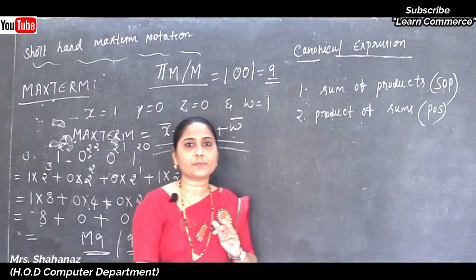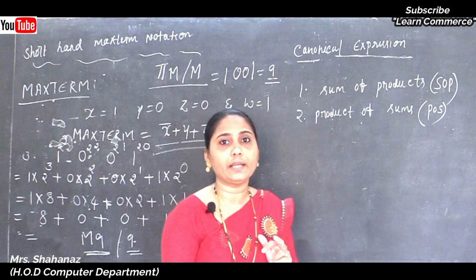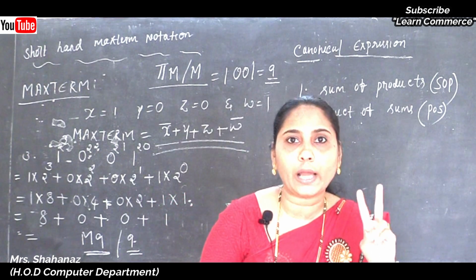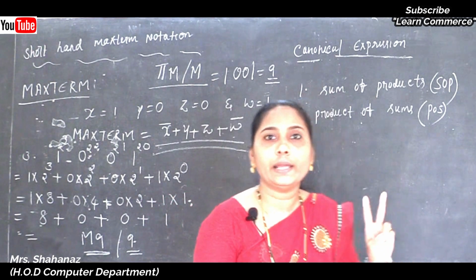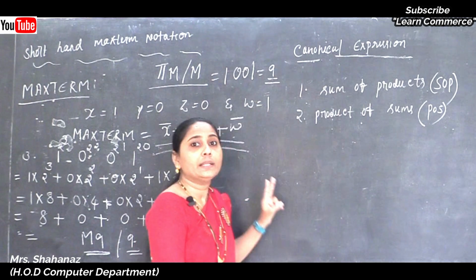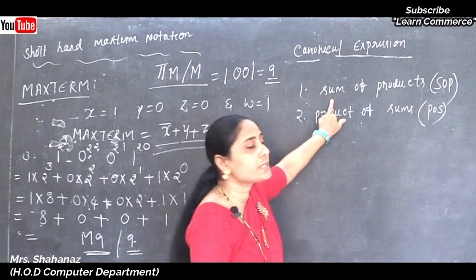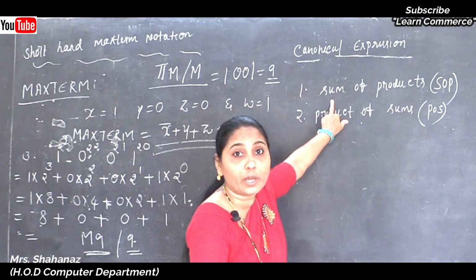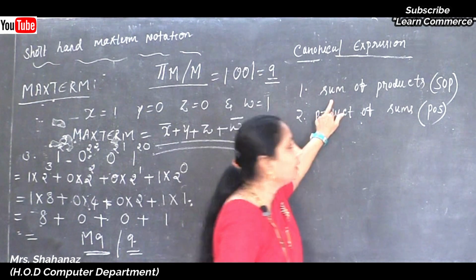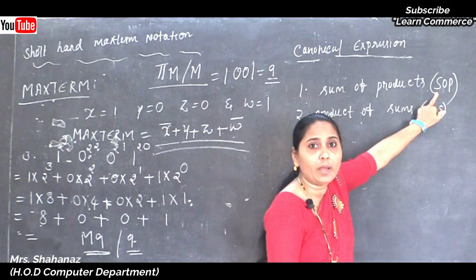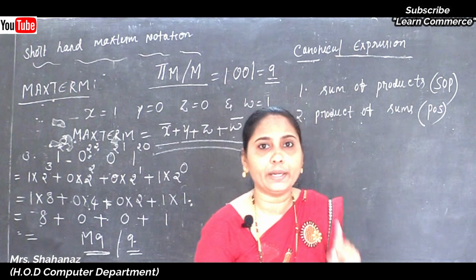Such a canonical expression can be represented in two forms. There are two types, two methods in our canonical expression. The first one is the sum of products, short form SOP, which is equal to the Minterm.